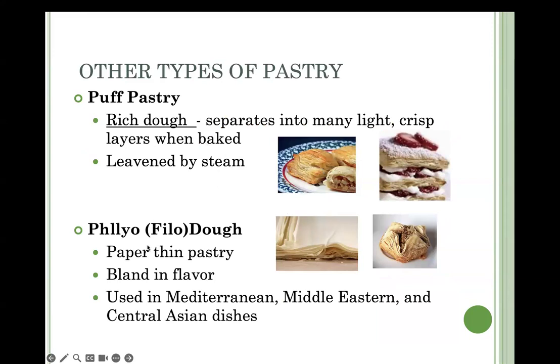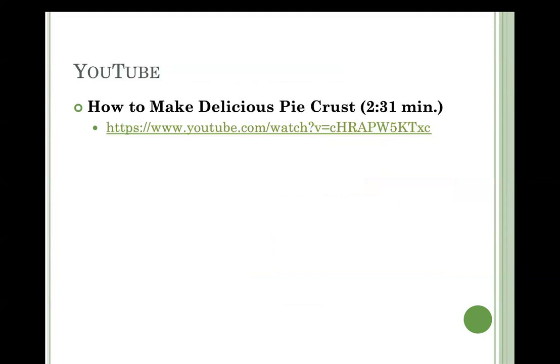The phyllo dough doesn't have the flavor of the fat in there. You just get very thin sheets of just flour and liquid. You separate them on your own. You can go in there with butter. You can go in there with oil. So you get that like separation there. Very bland in flavor. All right.